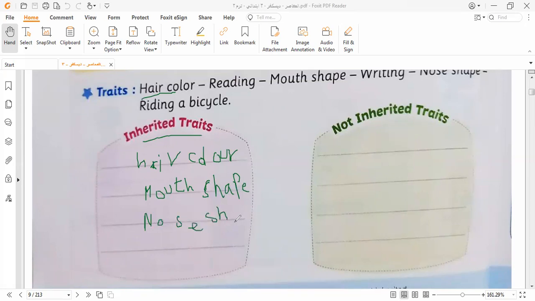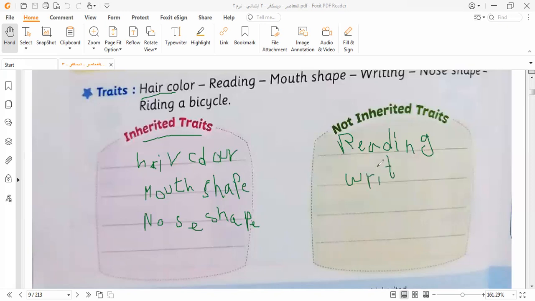Okay. Another one. What's a not inherited trait? It is not passed from parents to humans. It is gained by learning, by acting in our environment, and so on. Like reading. Reading is a not inherited trait. If someone writes reading, does it need to be passed from parents? No, it's not. Reading. Writing. Riding a bike.